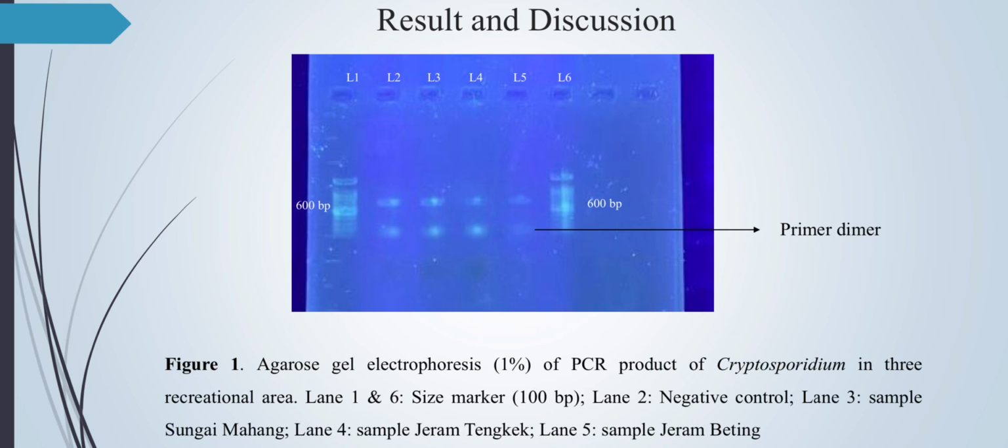Based on the gel analysis, the band of Cryptosporidium parvum came out at the expected band, which is 655 base pair. But there was a band at the negative control, as shown in figure 1, and the negative control indicates contamination of the workflow. Other than that, there was also formation of primer dimer on the gel.